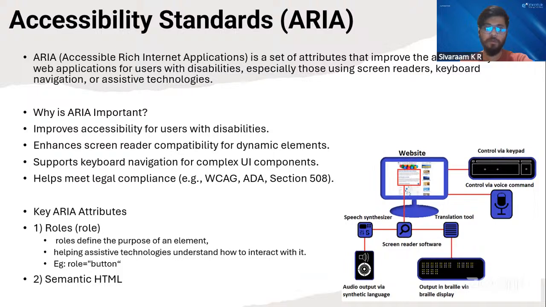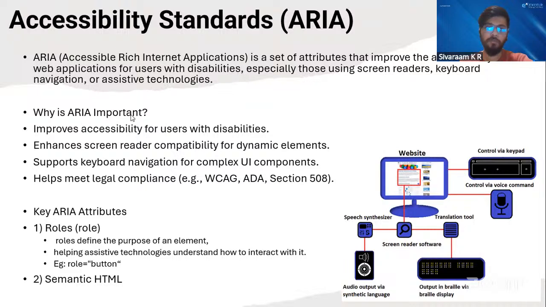This comes under accessibility standards, especially for those who use screen readers. We'll come across what screen readers, keyboard navigation, and accessible technologies are. You understood what ARIA is, right? Accessible Rich Internet Applications. That means you need to make your application available to different people with disabilities.